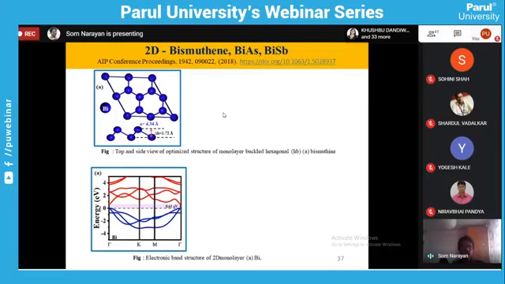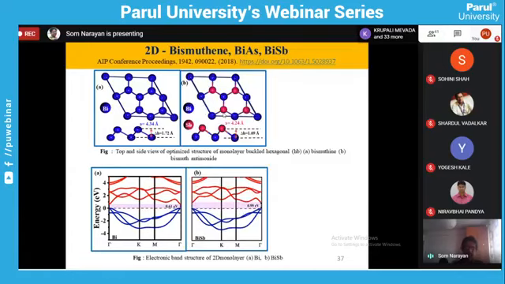So what we basically think of is to make an alloy with the antimonide and arsenide. As we know, as we move upward, the metallic nature of the semiconductor decreases. So we doped with the antimonide. We found that the band gap increases to 0.99 eV.